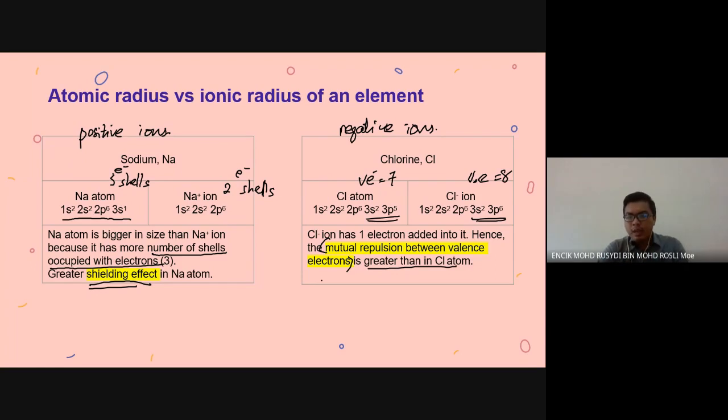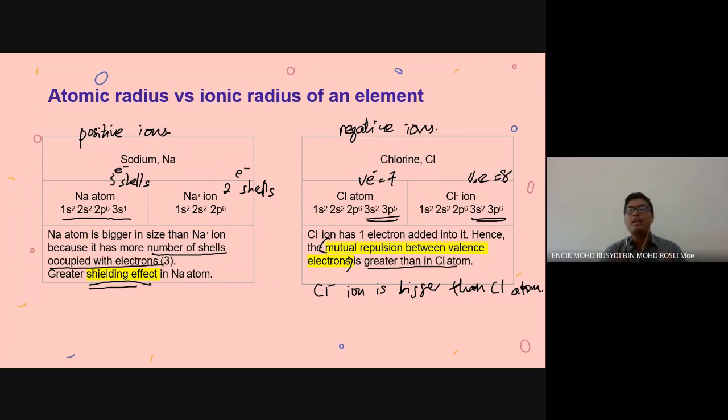So therefore Cl negative ion is bigger than Cl atom. Okay, so untuk negative ion, dia punya ion akan jadi lebih besar berbanding dia punya atom. It is due to mutual repulsion between valence electron.